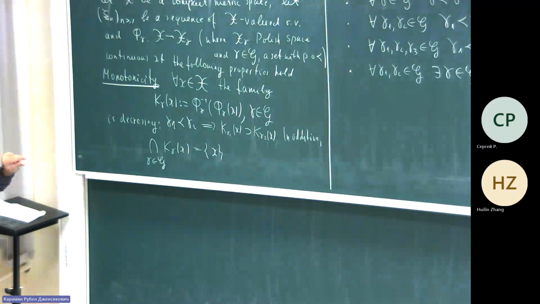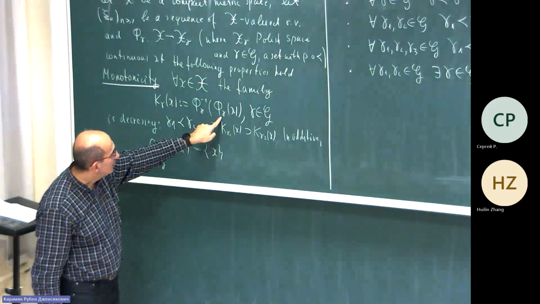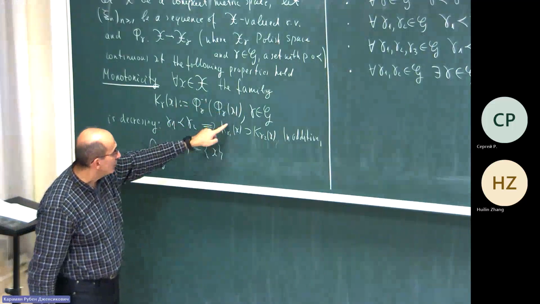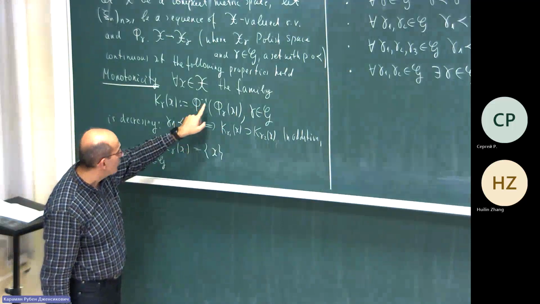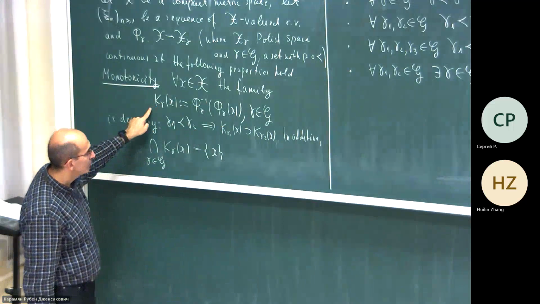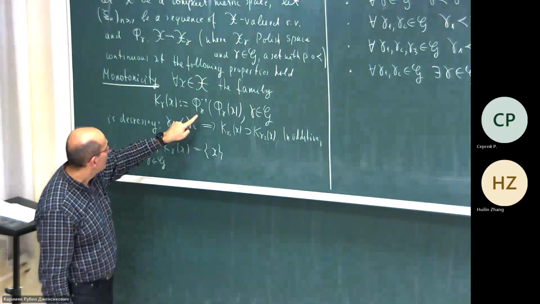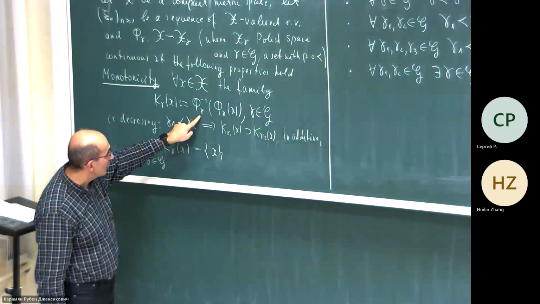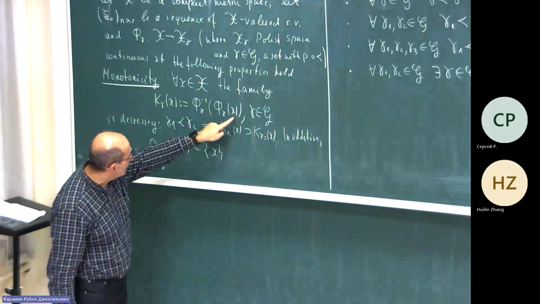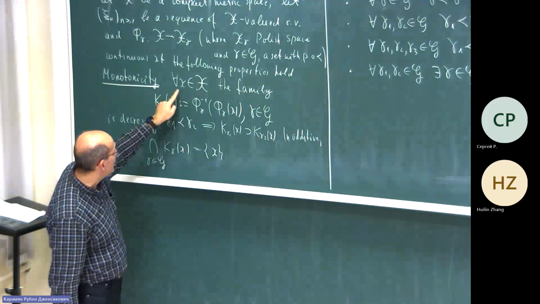It says that if you fix x, you consider the image of this x and the inverse image of this singleton. There can be many points. This is a singleton, but this one has many points. It is a compact set, right? Because this is a singleton and compact, phi gamma inverse is the inverse image of a closed set, so this is closed, and it is a subset of a compact set, therefore it is compact.